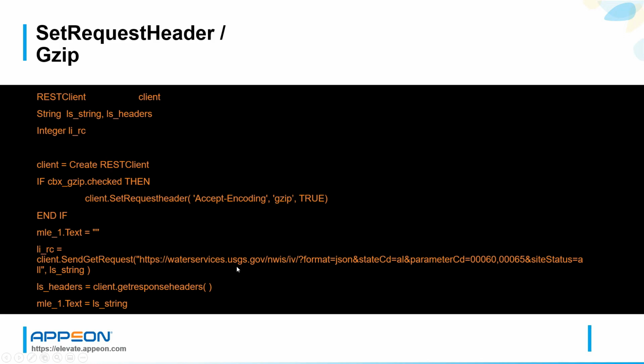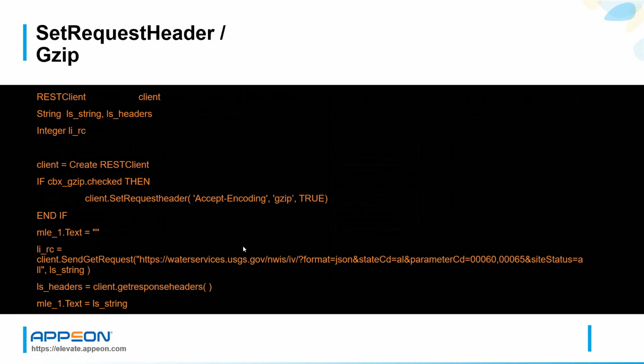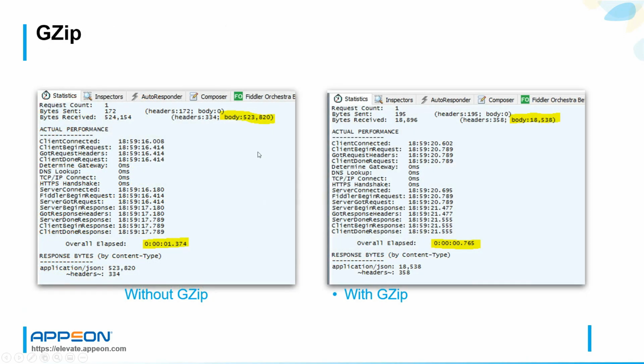And I've got an example here where I call a really large result set from the USGS in order to show the benefit you get from having the data gzipped. For example, when the header was not set, the data came back as just plain JSON, and the data was half a megabyte in size, and it took 1.4 seconds to download all of the data.